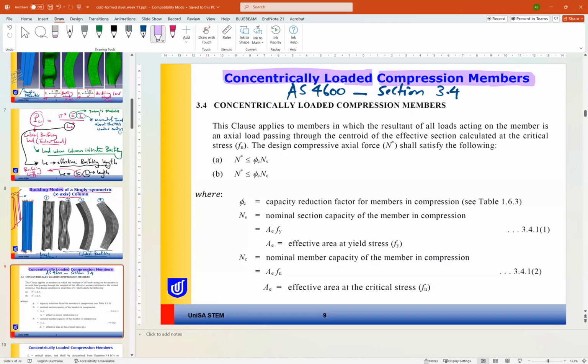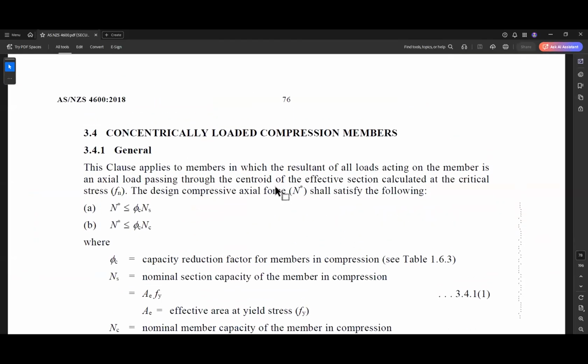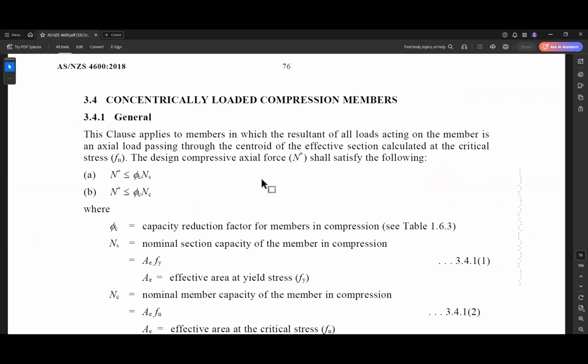So, if we have a look at the standard here, similar to hot rolled steel, we have N asterisk, the applied normal force, and we need to compare it to the section capacity and member capacity of the member.